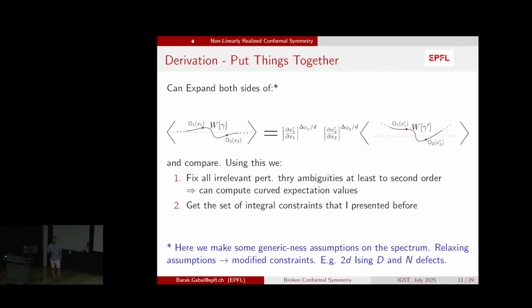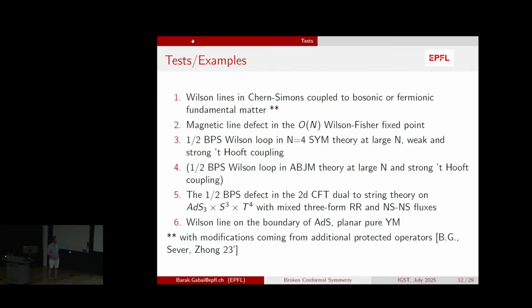But it becomes algebraically more and more complicated to do this. So in Chern-Simons coupled to matter, we went to third order, but there we already knew the 4-point function at that point. So it's just testing that this framework works to the next order, but not really getting new constraints out of it. Okay, so back to the tests and examples.